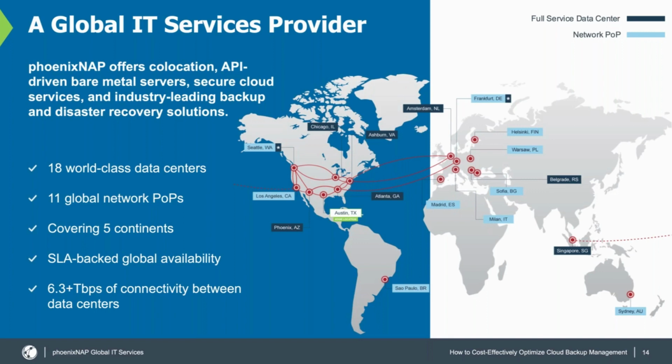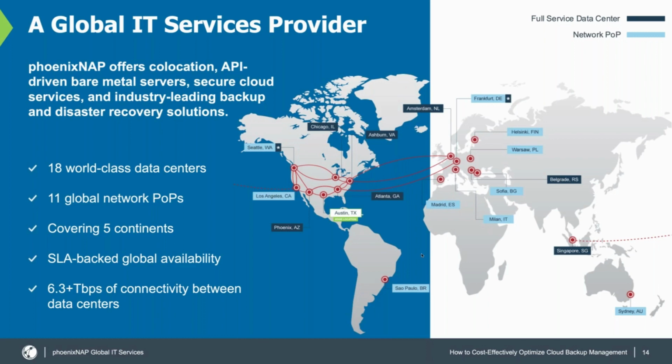And so we have a ton of different solutions across this giant portfolio of infrastructure options and across the globe. Today on the Veeam side, we offer this in Singapore, Amsterdam, Phoenix and Ashburn. So you have US West, US East, EMEA, and Asia Pacific covered by our Veeam backup services.